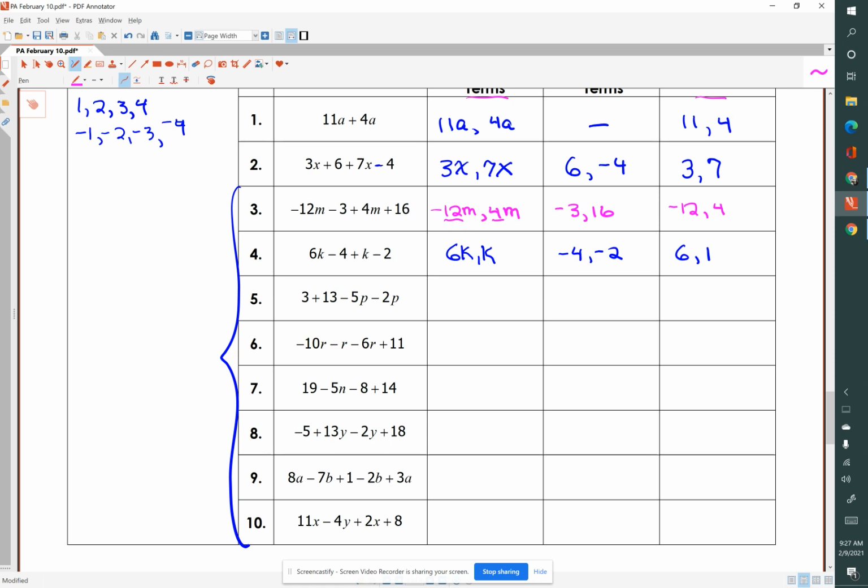Number 5, the variable terms are negative 5p and negative 2p. The constant terms are 3 and 13. And the coefficients are negative 5 and negative 2.